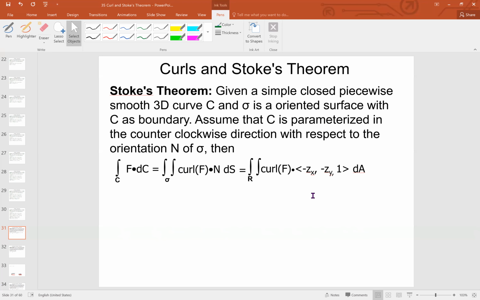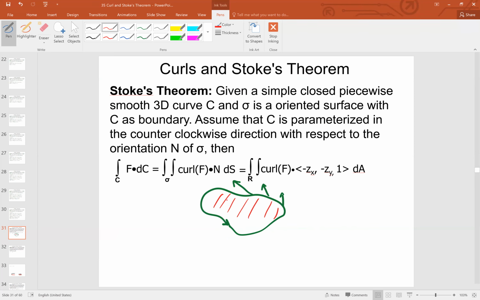Stokes' theorem is another use for the curl. Stokes' theorem is a generalization of Green's theorem. Green's theorem converts the work integral of a vector field around a curve into a double integral over the region inside it.